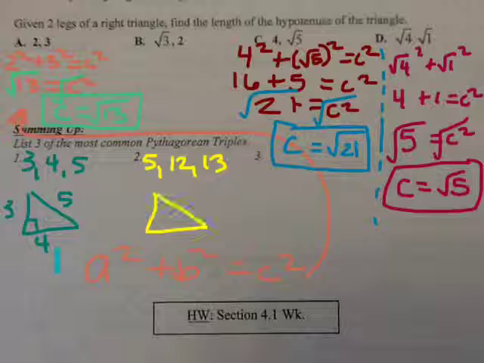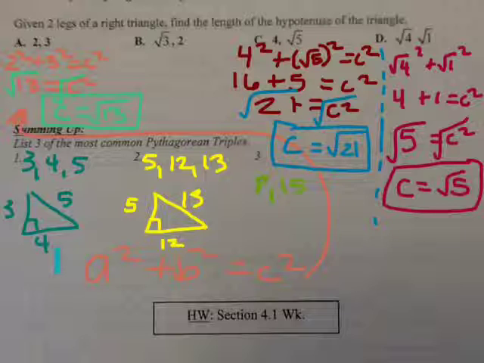Again, that just means one leg is 5, one leg is 12, and the hypotenuse is 13. Then another common one that you might see is 8, 15, and 17. And again, the hypotenuse is 17, a leg is 8, and a leg is 15.